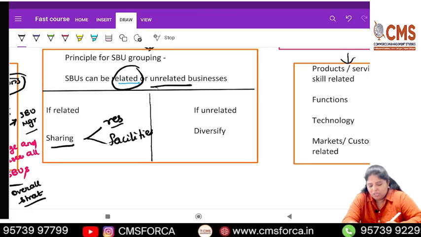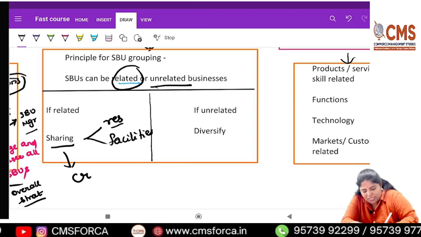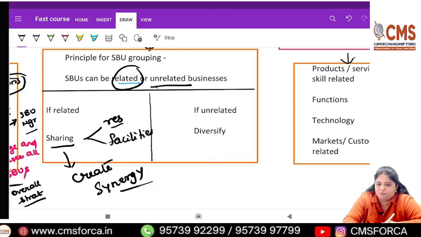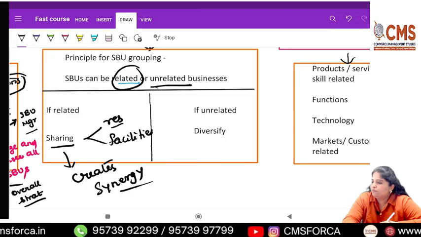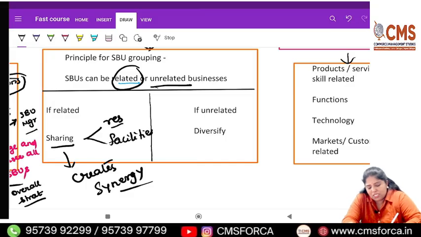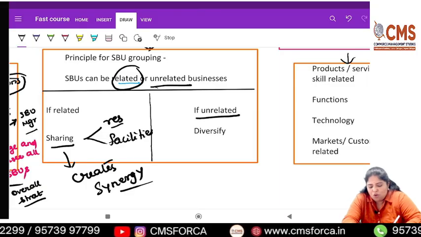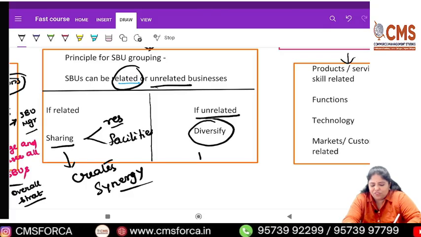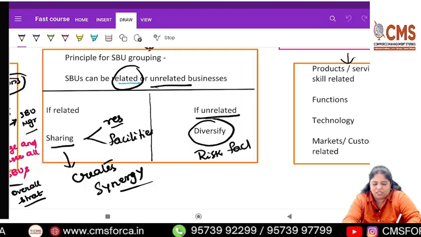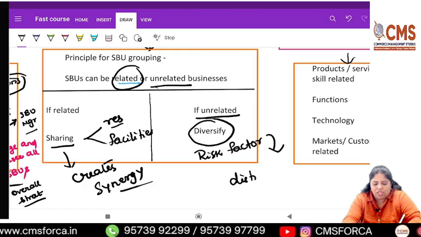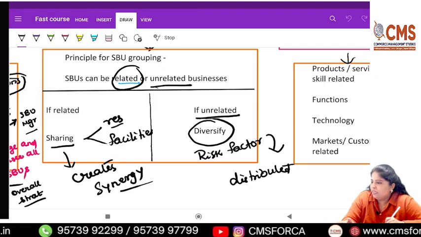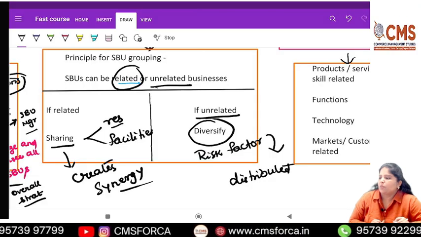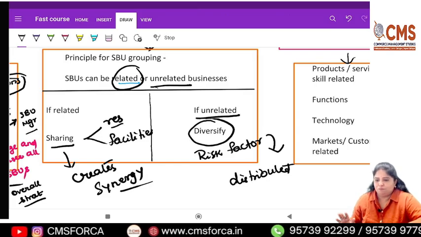When you have this sharing, synergy is created as an advantage. Whereas, if your SBU is a group of unrelated businesses, the benefit is diversification. When diversification happens, the risk gets distributed. So, even if one SBU fails, you can survive on the basis of other SBUs. Hope it's clear.